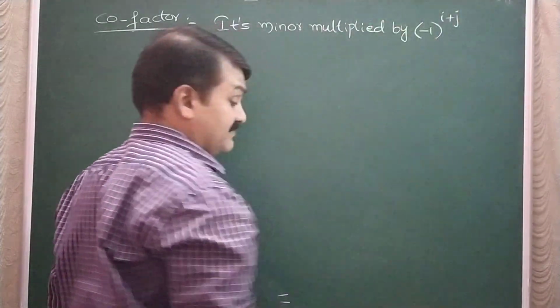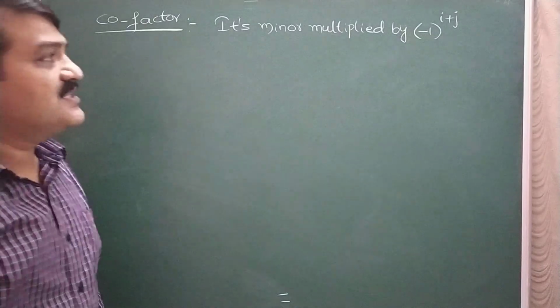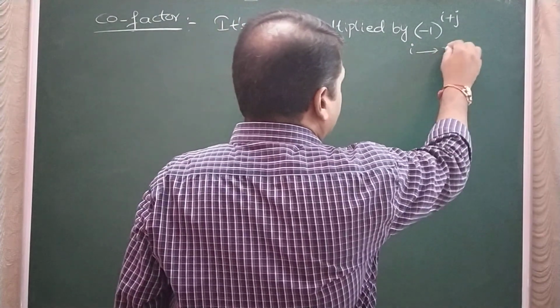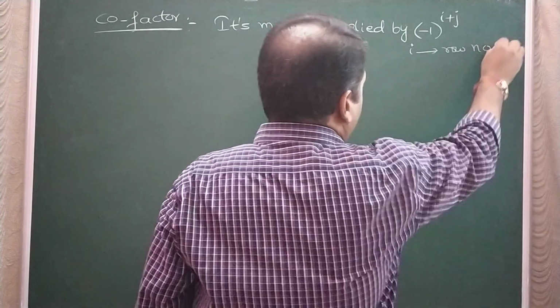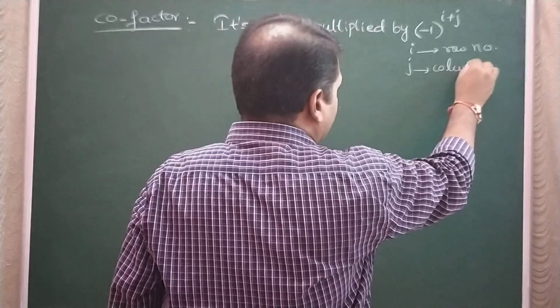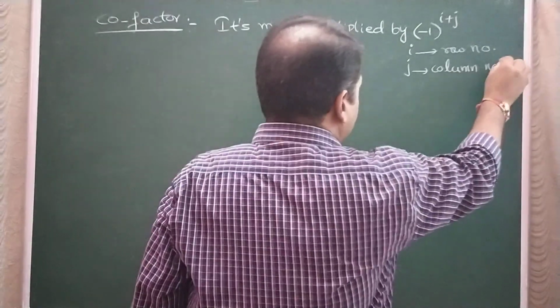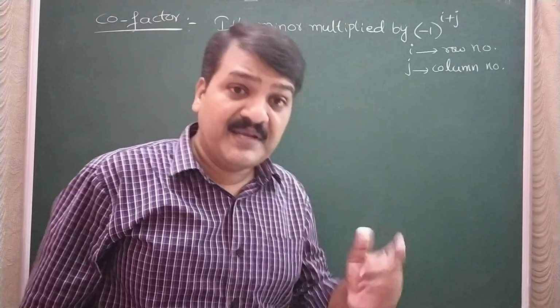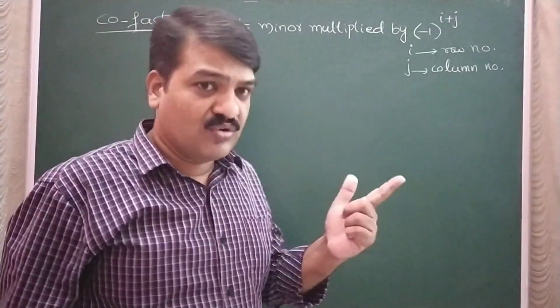Very simple. What is i? What is j? i is the row number of the particular element and j is the column number of that particular element. Means for which element we are finding cofactor, that element's row number, it is in which row?